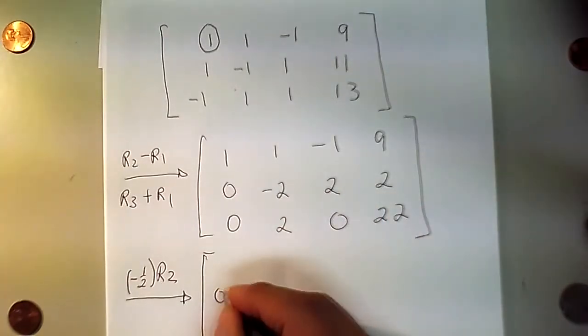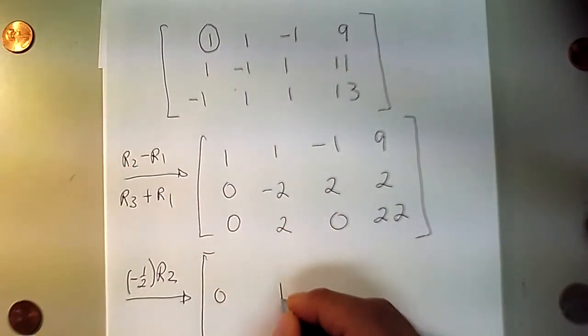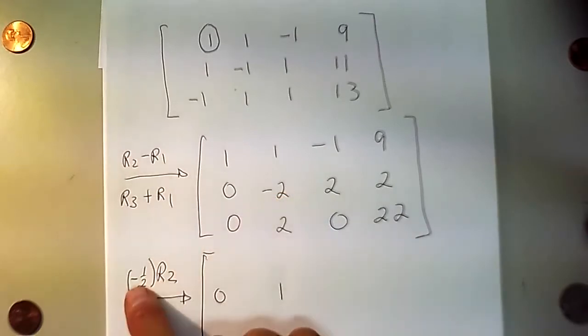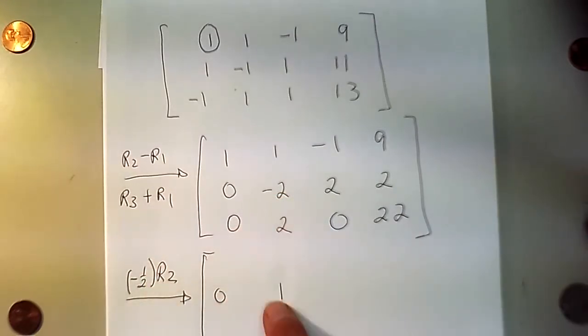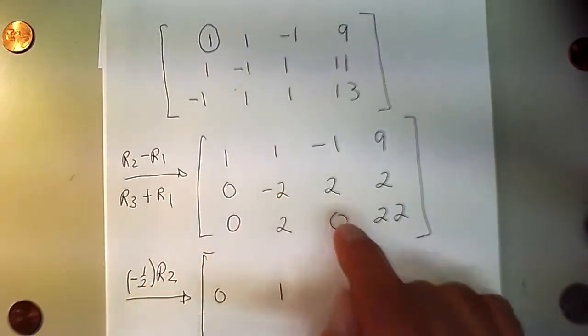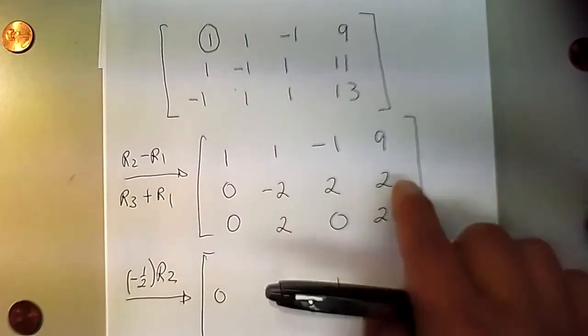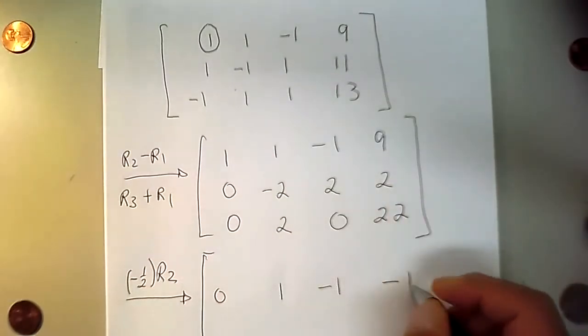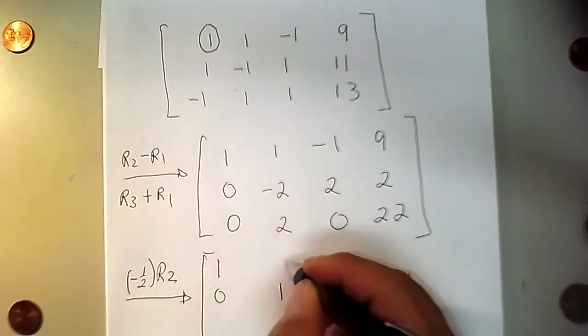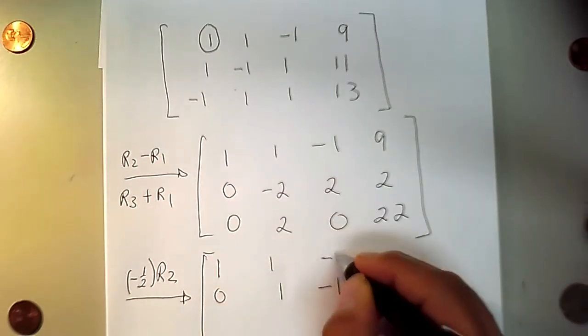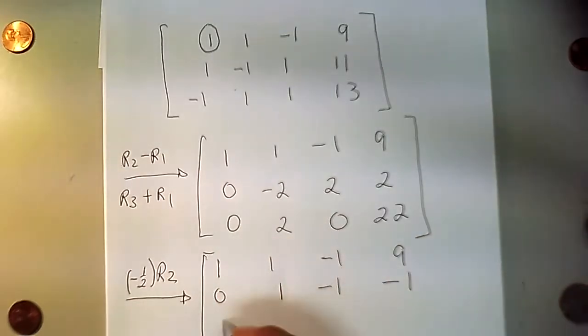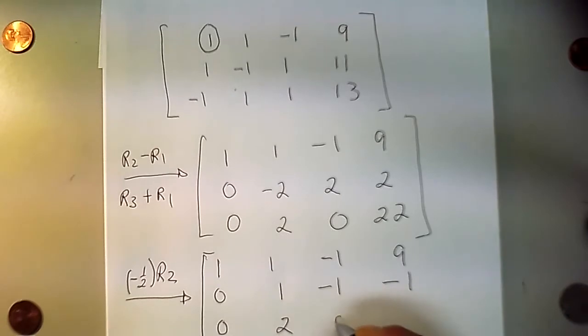It will be 0, 1, because we're doing negative 1/2 times negative 2, positive 1. Negative 1/2 times 2, negative 1, again here. The first row is going to stay as is. The third row is going to stay as is also. 0, 2, 0, 22.